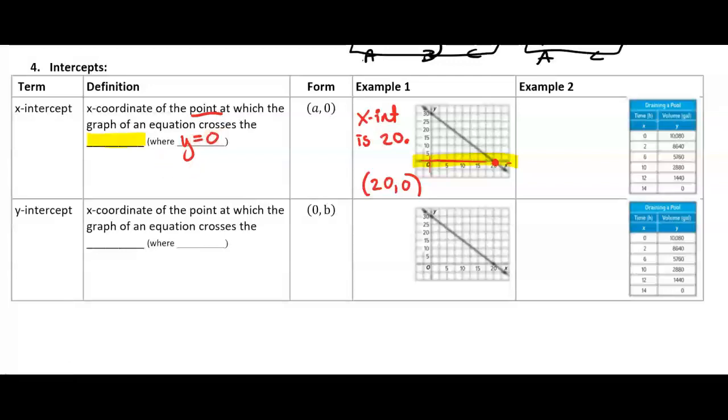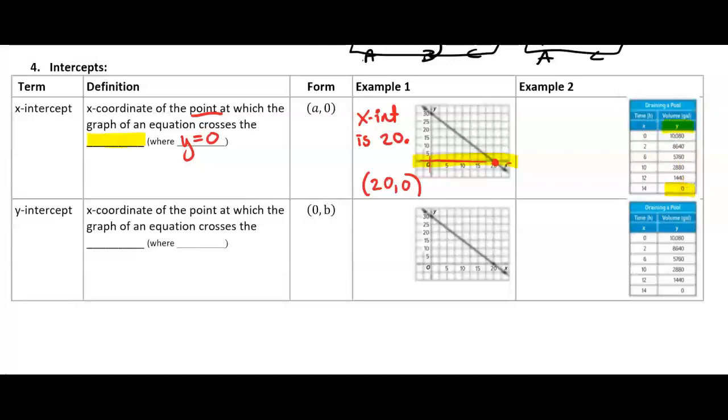Now with that, we can find x-intercepts not just from graphs. We define it as when it crosses the x-axis. But we can also find this from tables now because it's going to be where y equals 0. So for this problem where we're draining a pool, we want to find when does y equal 0.